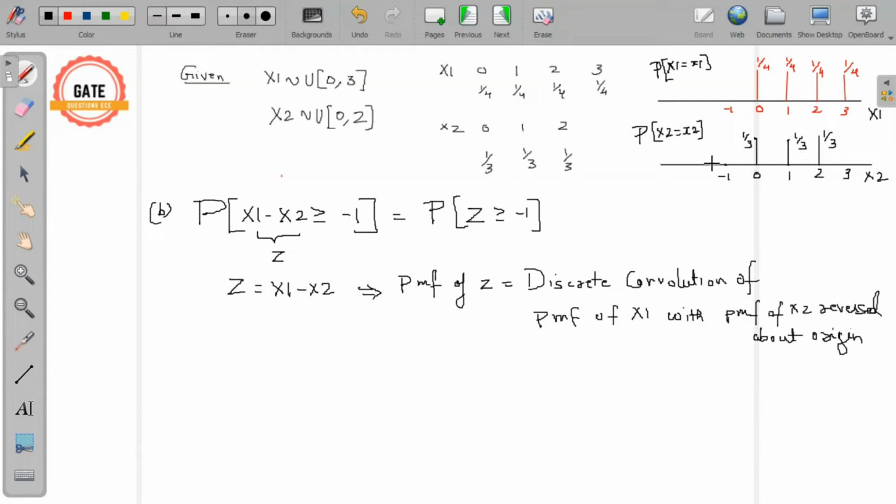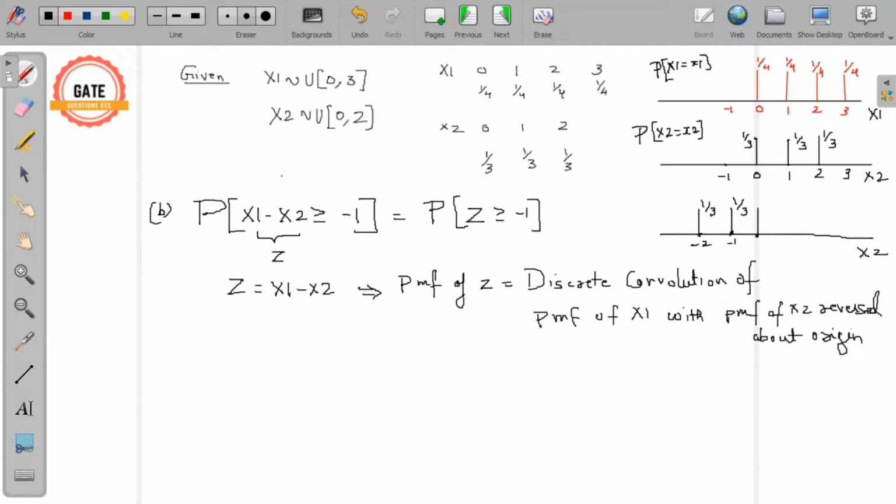So we can plot here the p.m.f of x2 reversed about origin. It will look like this. So here it is x2. When reversed about origin, this 2 will go to -2, and the corresponding probability here is 1 by 3. This 1 will reverse to -1, and its probability is 1 by 3.